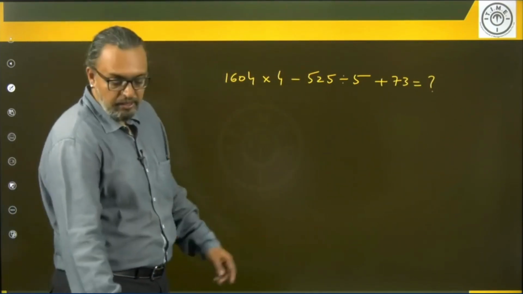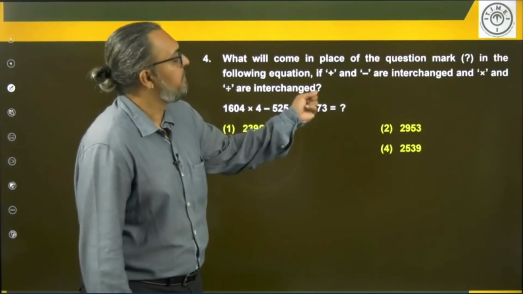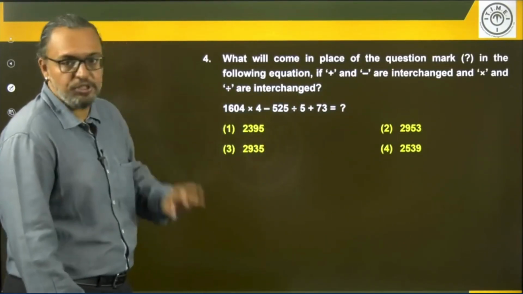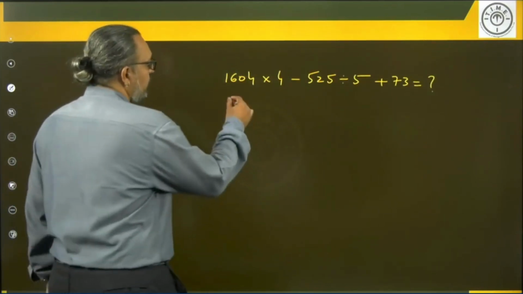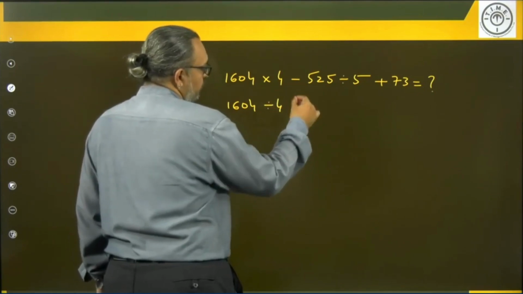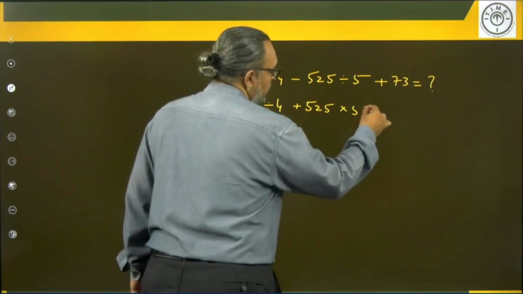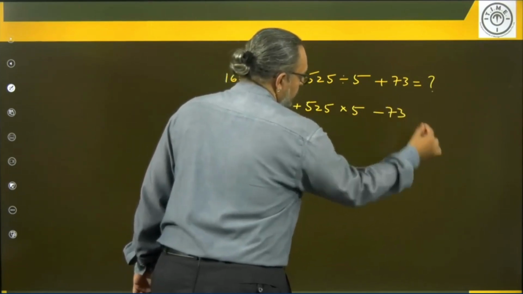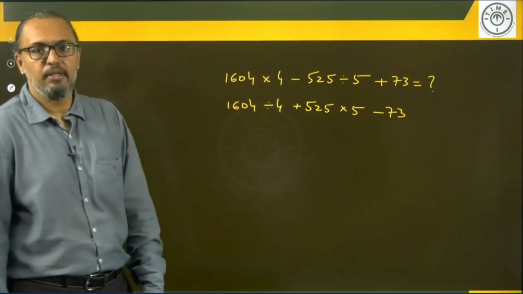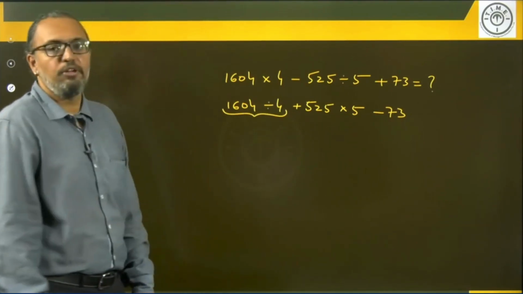Now again we have to interchange the symbols first. The operators, plus and minus, are to be interchanged, and into and division are to be interchanged. So into with division, minus with plus, division with into, and plus with minus. This is going to be my expression. Now we take 1604 divided by 4.